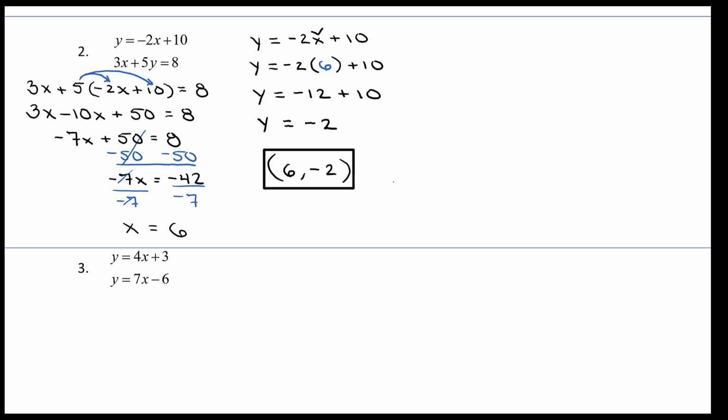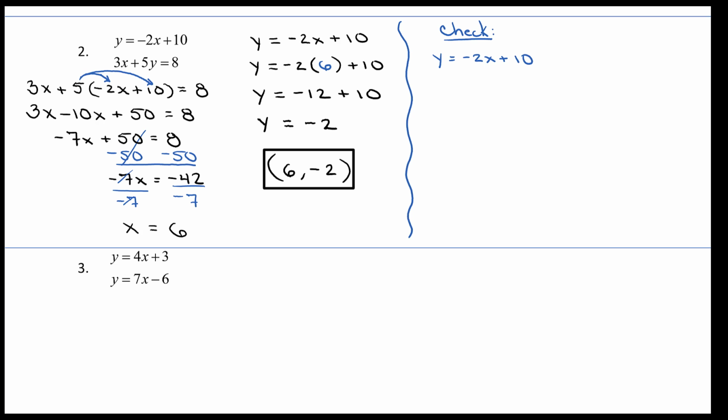Now let's go ahead and check this to make sure that this is correct. Right, so we are ready to do the check. I am going to substitute 6 for x and negative 2 for y. And we're going to be checking this into both of our equations. So let's start off with y equals negative 2x plus 10.